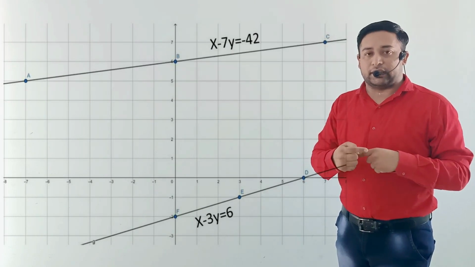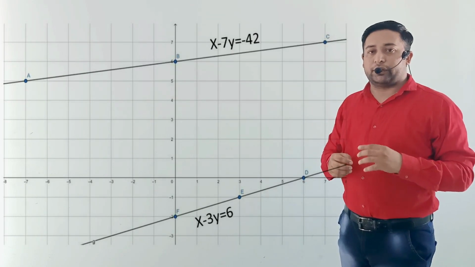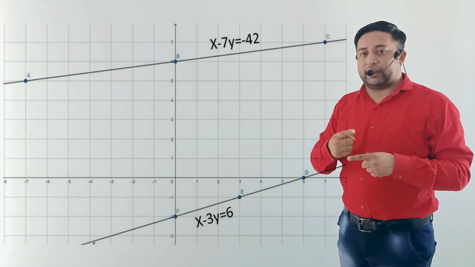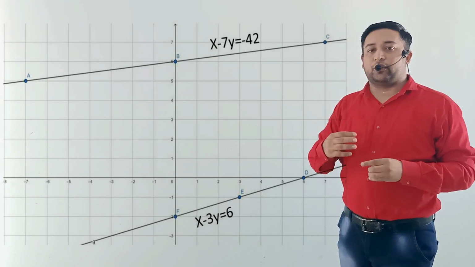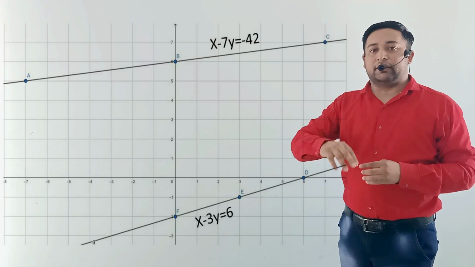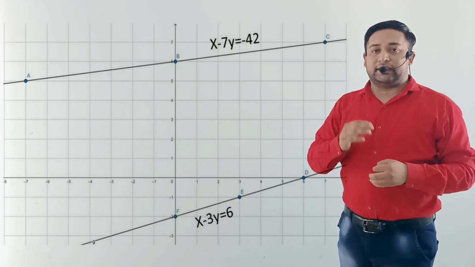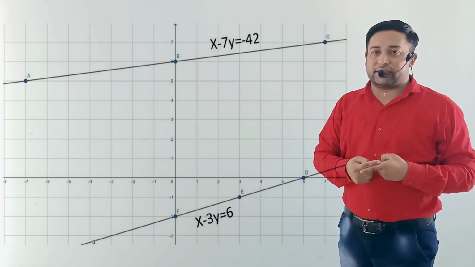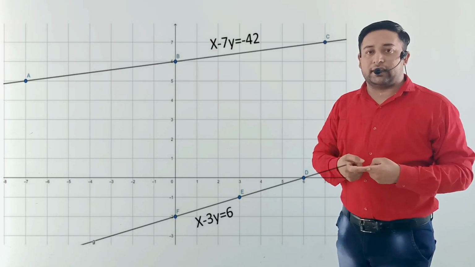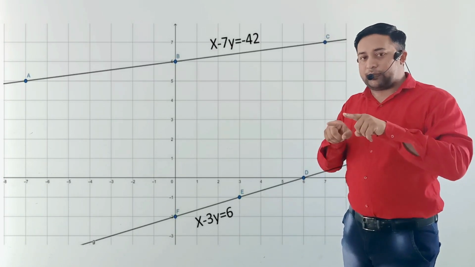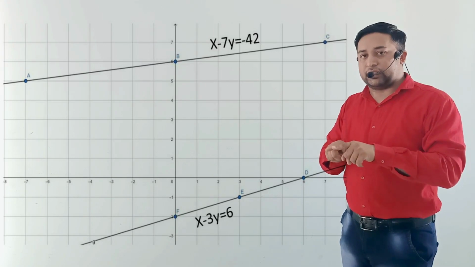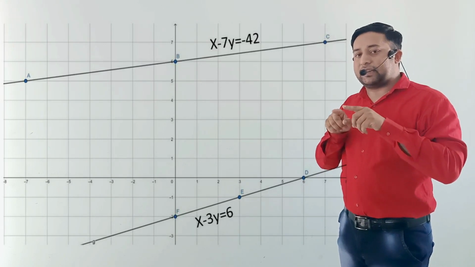We are going to use these things in our next exercise, whether the graphs are intersecting, parallel or coincident. So here these two graphs are not parallel with each other. They are going to intersect at some point.